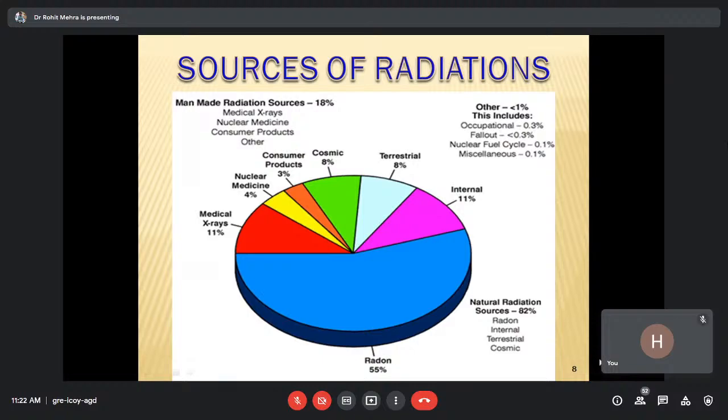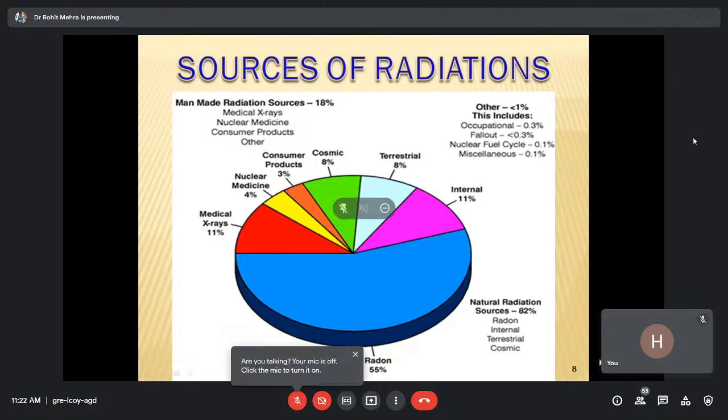Now, these are the sources of radiations which we have categorized in terms of the total combination of 100%, where natural radiations contribute 82%, and man-made radiations contribute 18%. And out of this natural source, 55% contribution is due to only one element, that is radon.